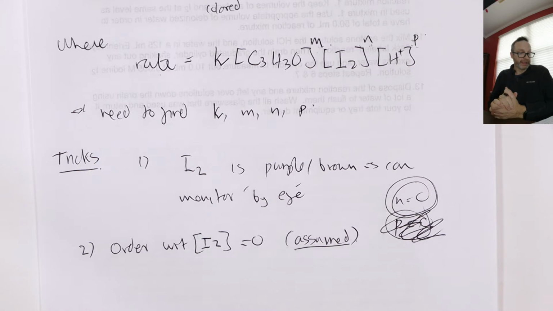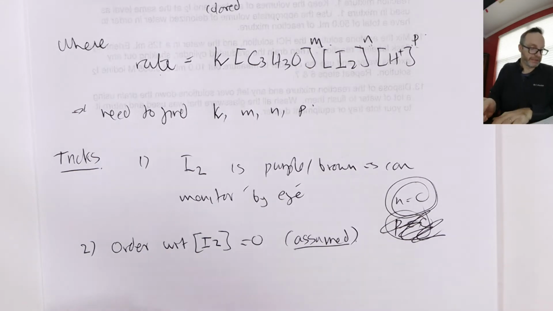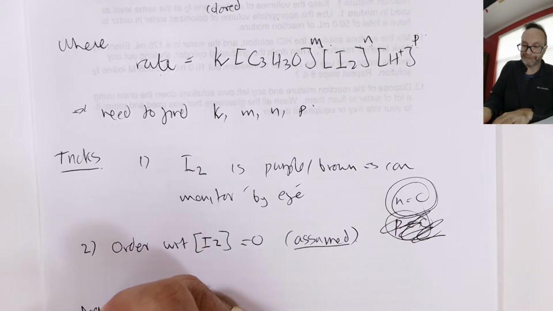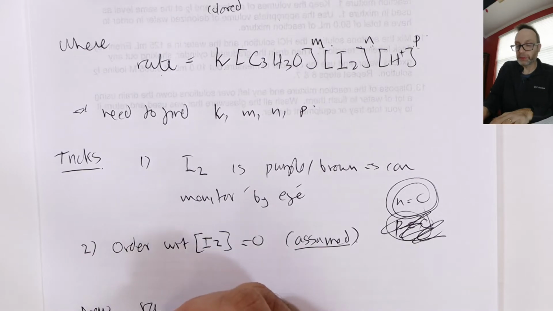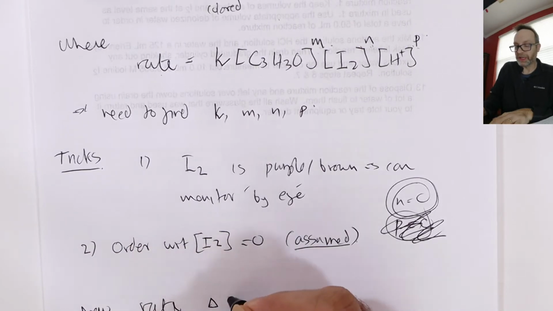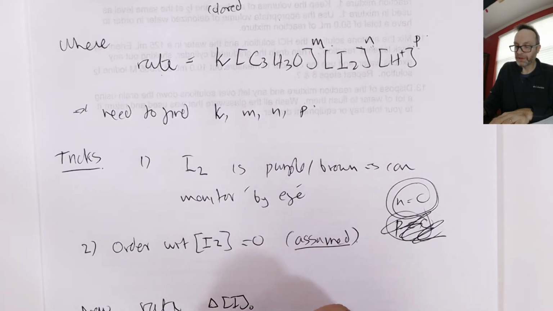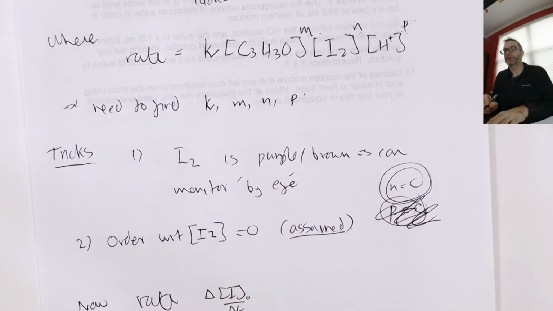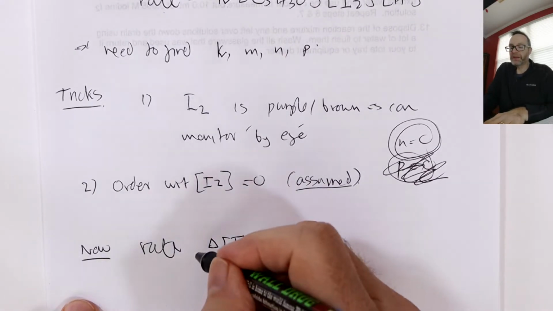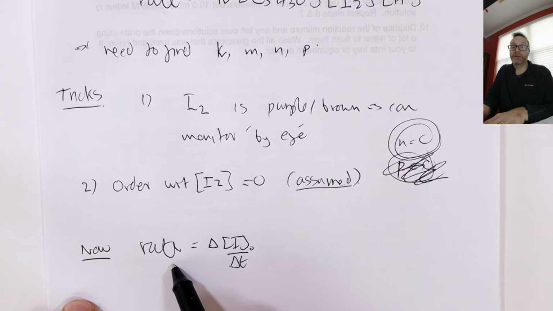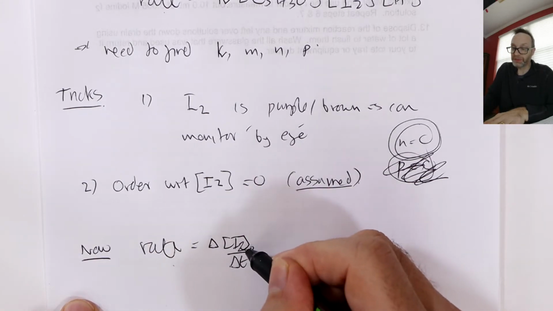All right. Now, the rate: remember we're watching the change in iodine concentration from time 0 over the time it takes, right? So the rate, or speed, of our reaction is measured with respect to iodine, I2.